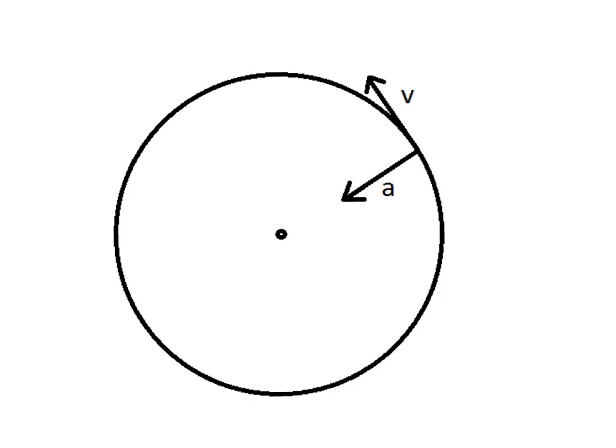So the particle is moving. The electron is at the point I've circled here, and it's moving around a circle, and its velocity vector is perpendicular to the vector that points towards the origin. And so there's an acceleration.